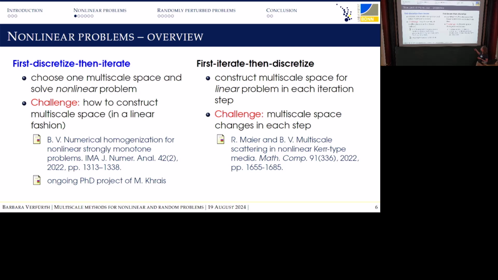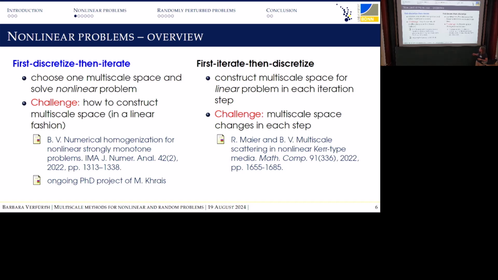It has then, of course, the challenge, similar to the randomly perturbed problems, that you have to construct a multiscale space in each iteration step, because in each iteration step, typically your coefficient or the linear problem you need to solve changes because it's updated based on your iteration. Of course, there's some structure in there as well that one can try to exploit, and that's the business of this approach.